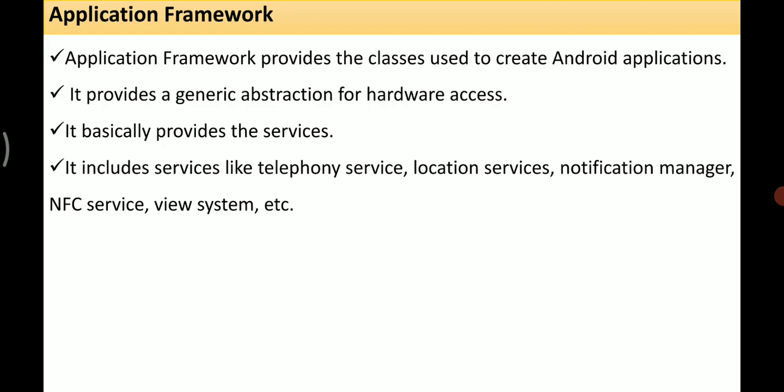Then we have the notification manager, which allows your applications to display alerts or notifications to the users. You have many apps, and in those apps you get notification alerts. These notification alerts are controlled by the notification manager.